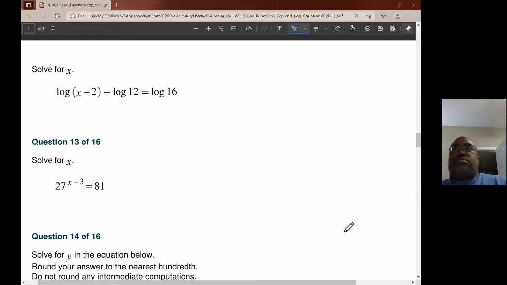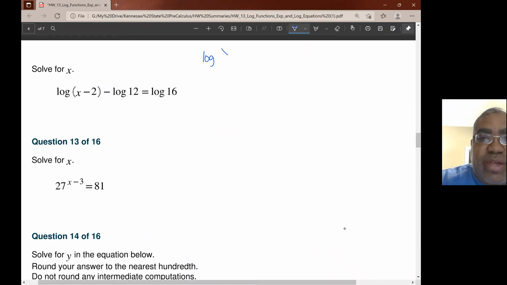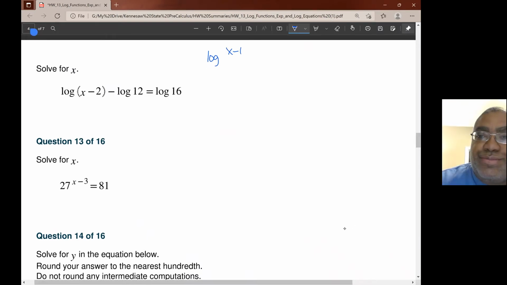Solve for x. Okay. Log of x minus 2 minus log of 12 is equal to log of 16. We can combine the left side and we end up with log of x minus 2 over 12 is equal to log of 16.